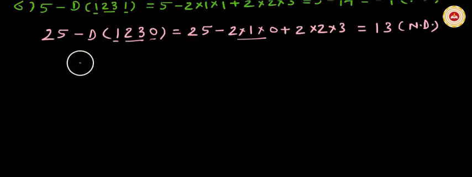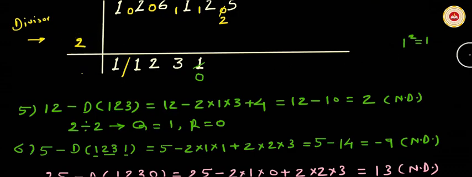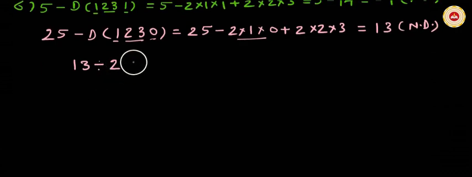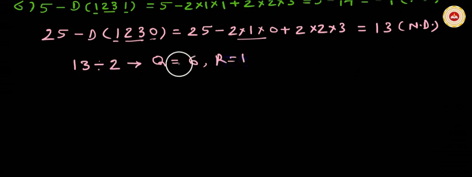Now divide 13 by divisor 2, which gives us quotient 6 and remainder 1, because 2 6s are 12, 13 minus 12 is remainder 1. Write quotient 6 and remainder 1.